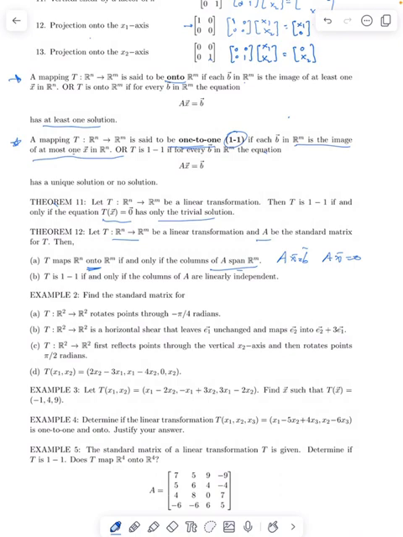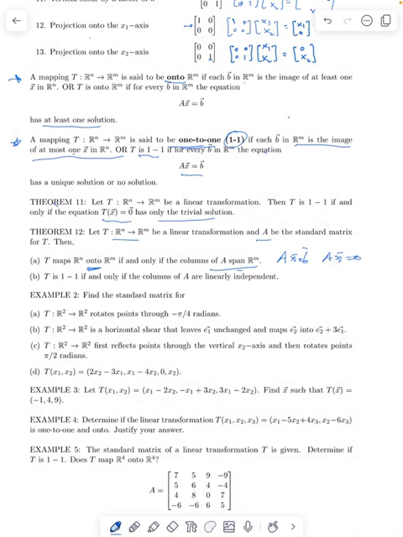One statement is already given in the definition: T is one-to-one if for every b in Rm the equation Ax = b has a unique solution or no solution.